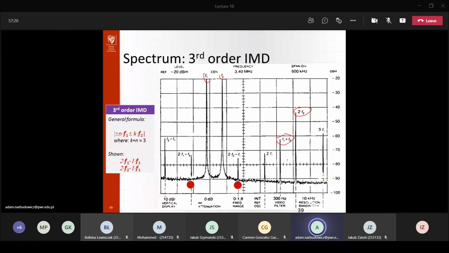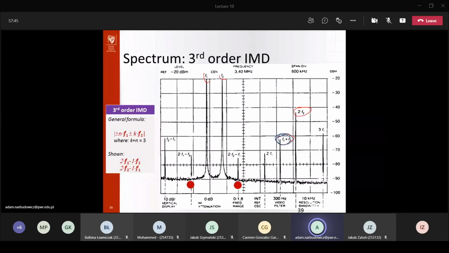And then over here, maybe I change the color. Okay, so let's say blue. This will be our first order harmonics, so F1 plus F2. Okay, and of course there will be another one at the negative frequencies, as we know from earlier.